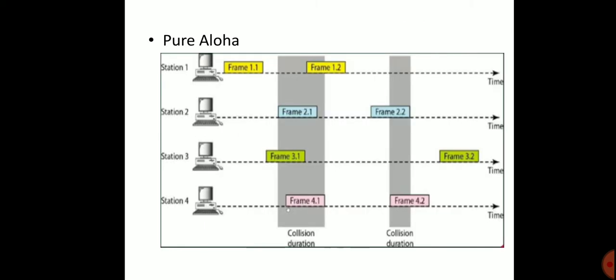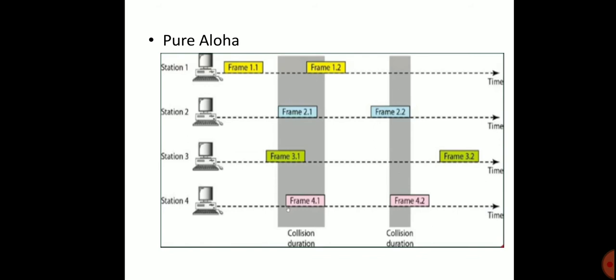Now we are moving to pure ALOHA. In the pure ALOHA protocol, to find out the collision and detections, there are four stations, station 1, station 2, station 3 and station 4, at different timing levels. The first station delivers a frame, and the second frame comes after a certain time period.